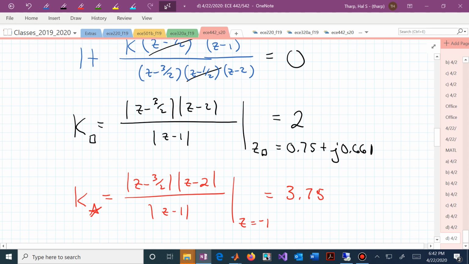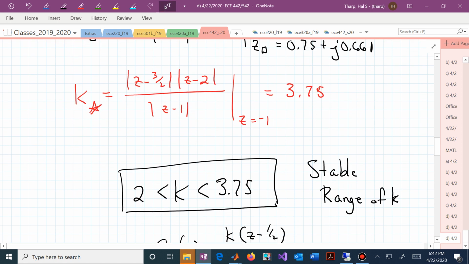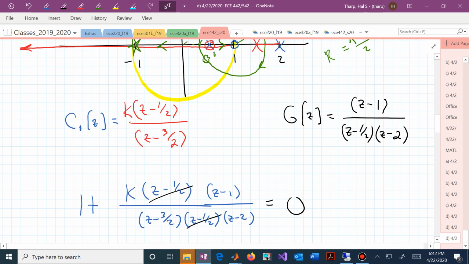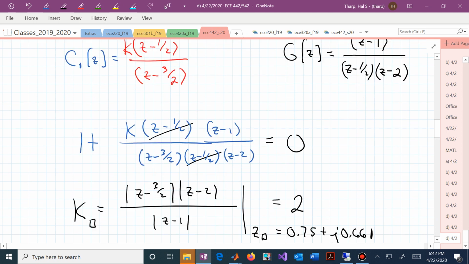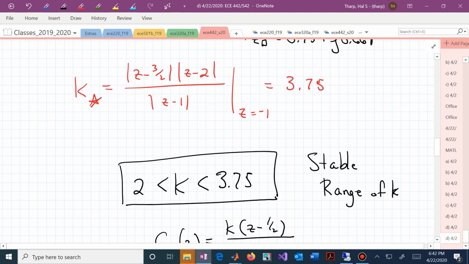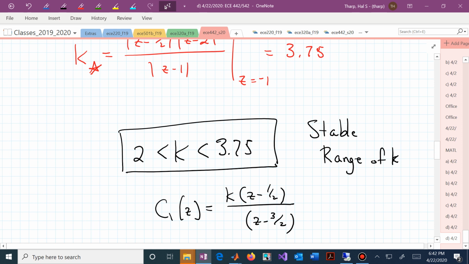That's an easier computation, and that's now 3.75. We now know that if we used this controller, which is unstable, with this unstable plant, we will actually produce a stable closed-loop system as long as our gain on that controller lives between 2 and 3 3/4.